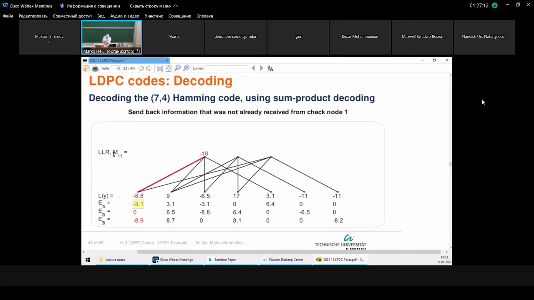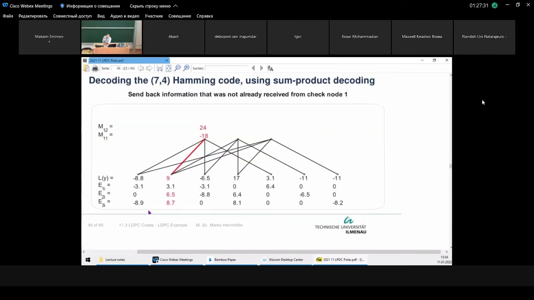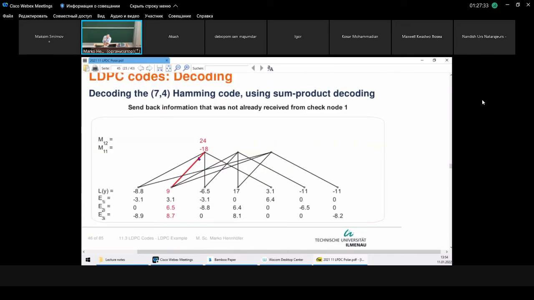So for the M11s, basically the messages going back to the check nodes, the part that we received before from this identical check node is left out, which results in this -18 here.